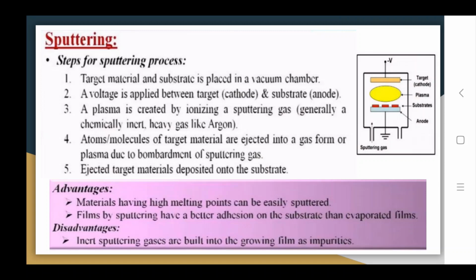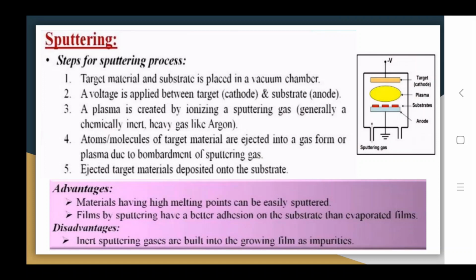So here we are using an inert gas like argon, and then we are making this gas into plasma form. Then atoms or molecules of the target material are ejected into gas form or plasma due to the bombardment of the sputtering gas. The ejected target material is deposited onto the substrate itself.